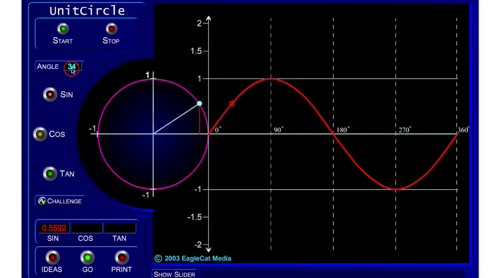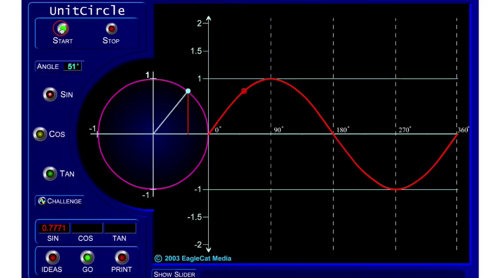So sine of 34 degrees is equal to exactly 0.5592. So what we're saying with that is that this position along over here where it cuts through would be 0.5592, and that in the same way that sine of 34 is equal to 0.5592. So let's take a look at the animation.